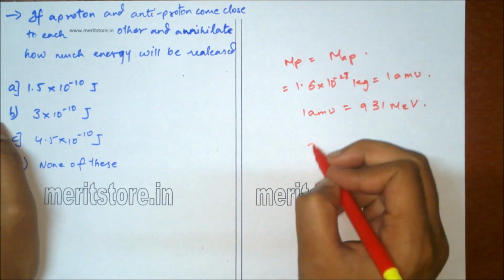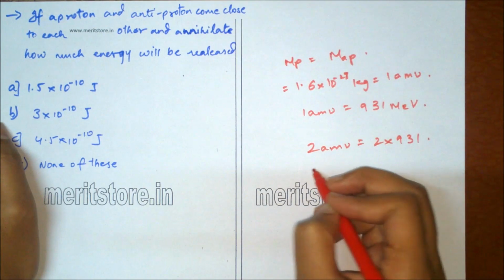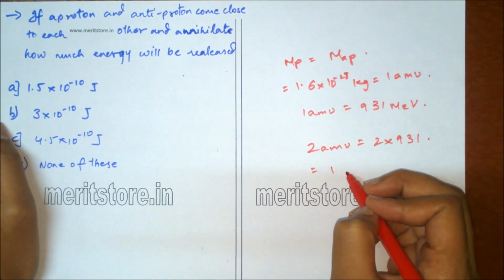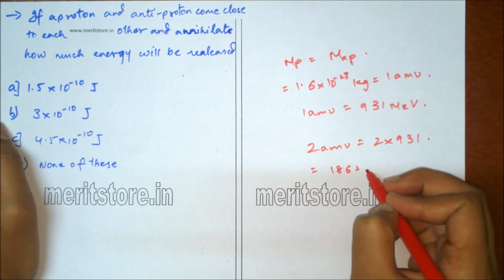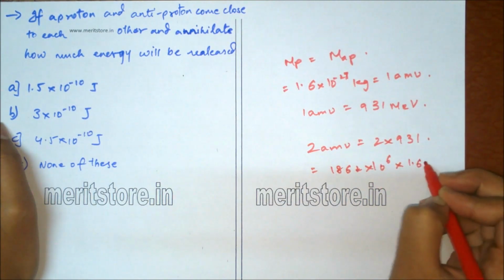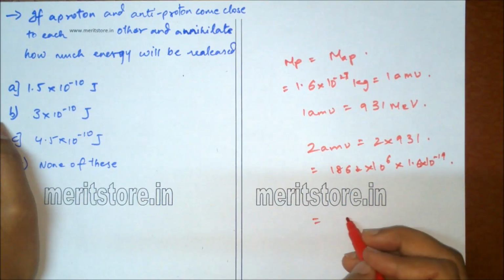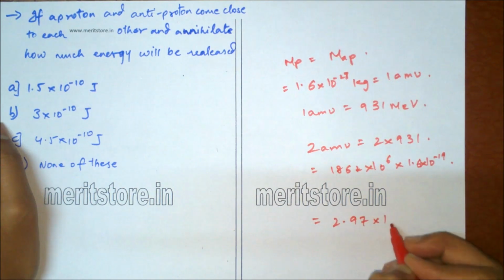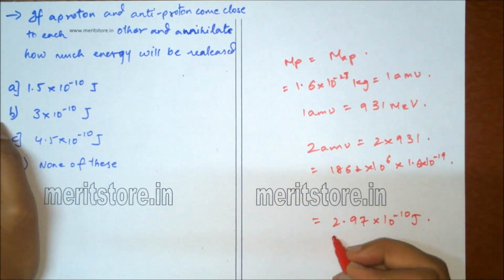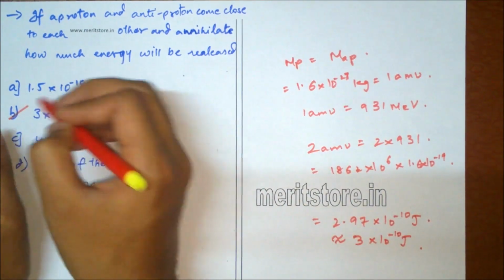So energy equivalent to 2 AMU is equal to 2 into 931, which is equal to 1862 into 10 raised to 6 into 1.6 into 10 raised to minus 19. On solving this, we get 2.97 into 10 raised to minus 10 joules, which is approximately equal to 3 into 10 raised to minus 10 joules. So option B is the correct answer.